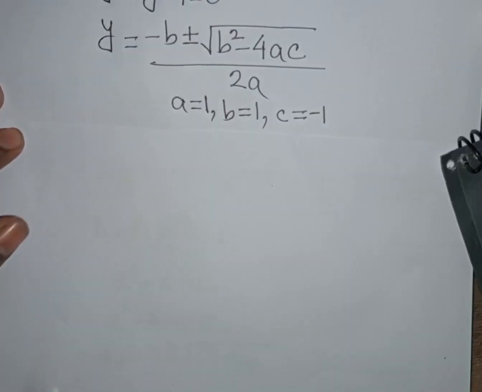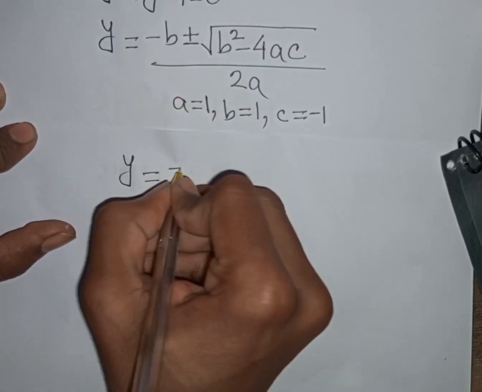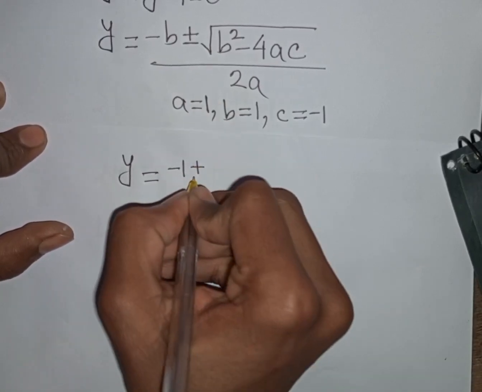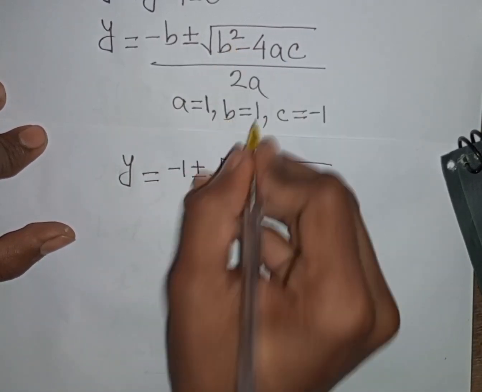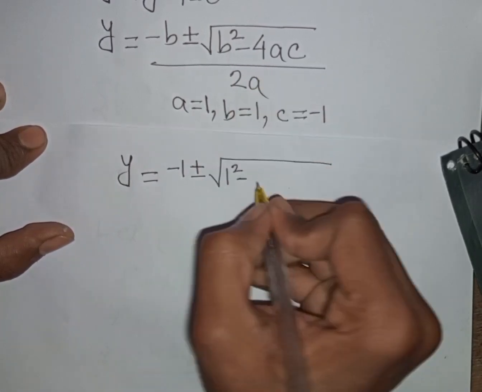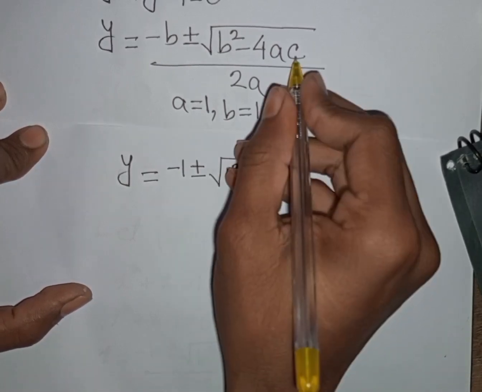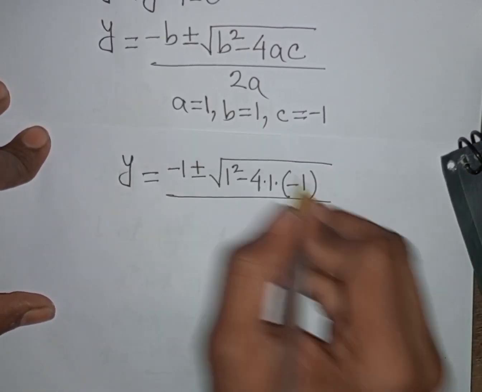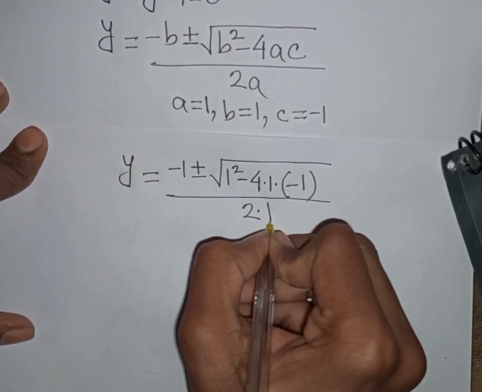Now we can write y equal to minus b, that means -1, plus or minus the square root of b squared, that means 1 squared, minus 4 times a, that means 1, times c, that means negative 1, divided by 2 times a, that means 1.